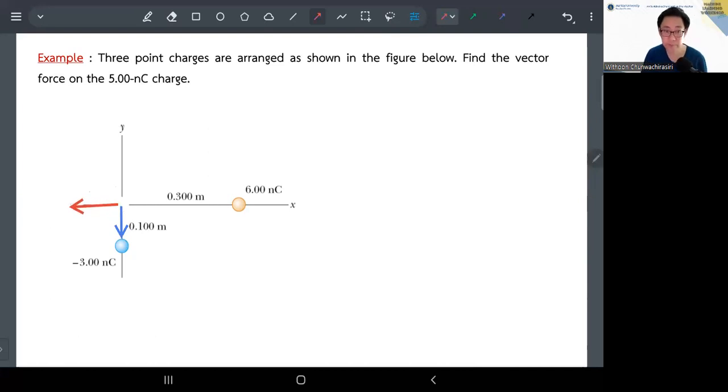All right, and now I can call the electric field from the first one E1, and I'll use the green color, it doesn't really matter. So what we have here is the E2 vector.